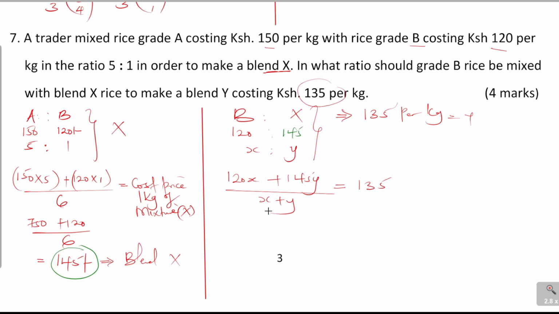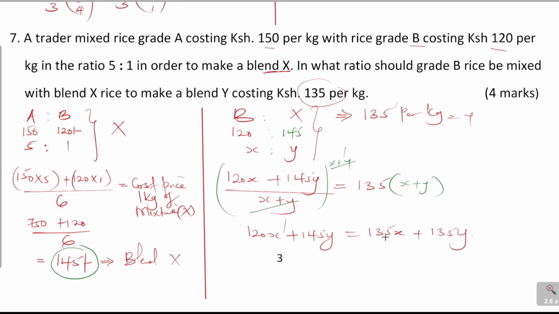So now we solve this. We multiply both sides by x plus y. When you multiply the left hand side, that will divide out, and you'll have 120x plus 145y equals 135x plus 135y. We want to get the ratio x is to y.